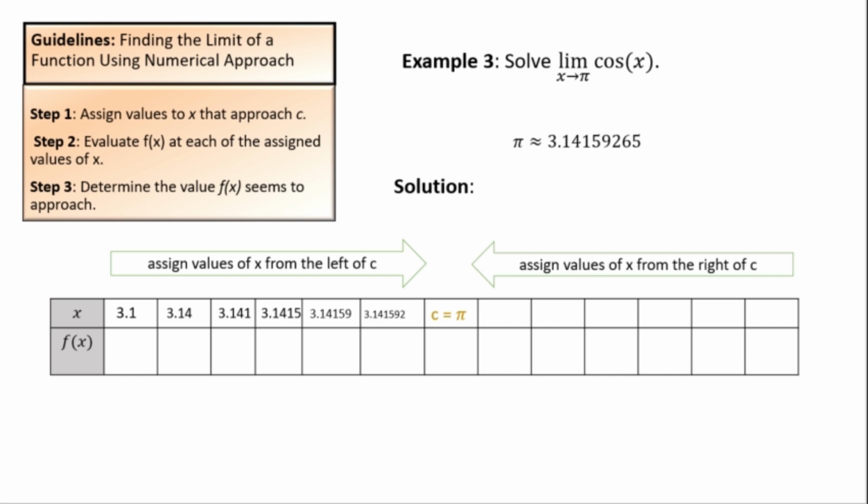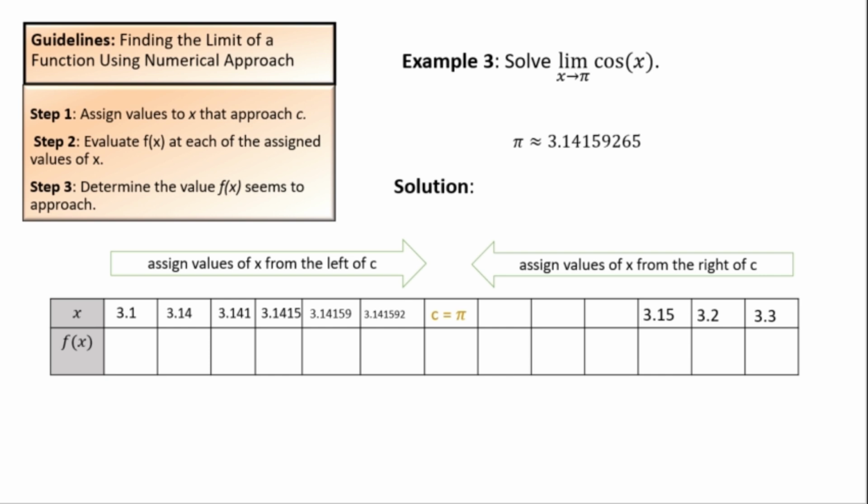We need to come up with a decreasing sequence of numbers that approaches pi while making sure that they don't cross to the other side. But we can start with 3.3. Why not? Then 3.2. Are you getting the idea?